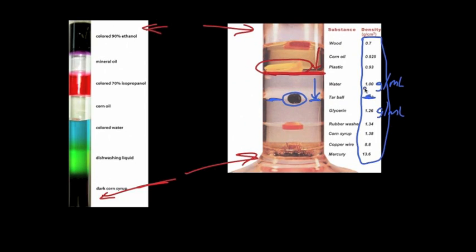So its density is somewhere between these two numbers, and that is a quantitative observation, okay?